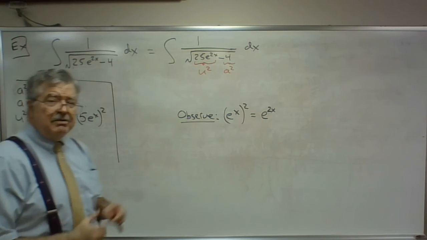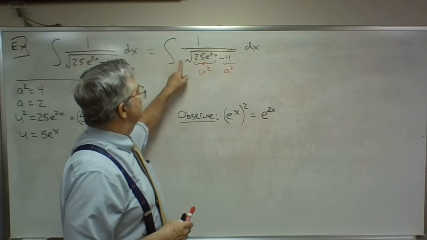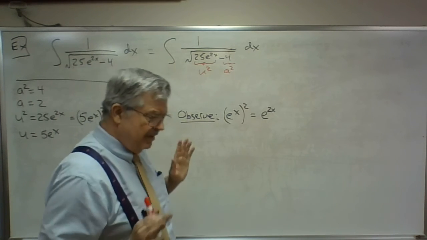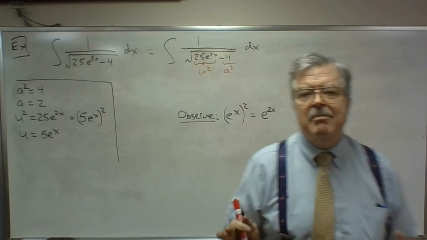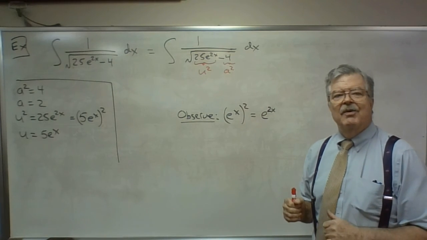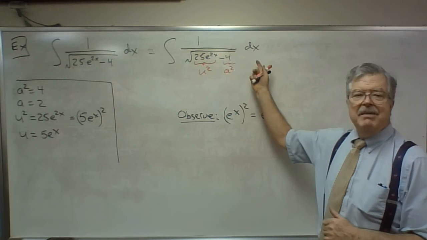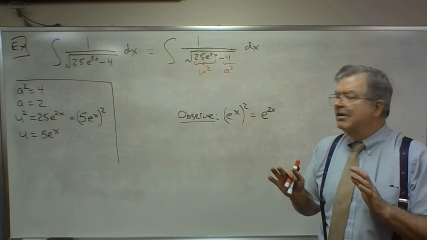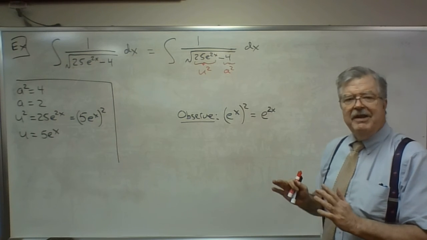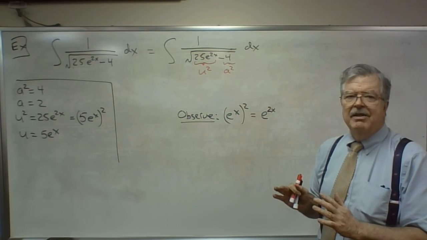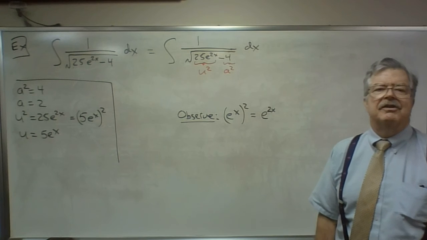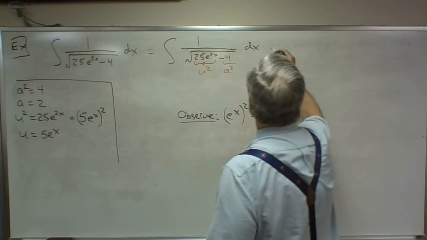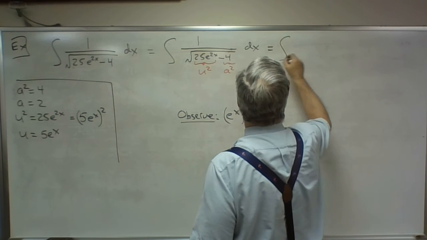Now, I still don't know what I'm going to do about the fact that we don't have a u out front. But like I said, by hook or by crook, or by hookery and crookery, maybe we can manipulate this algebraically so that it will fit exactly the formula that gives us inverse secant. Let me rewrite what I have so far.